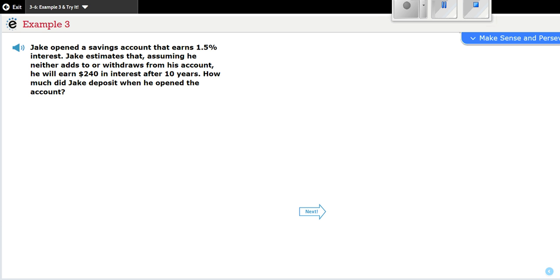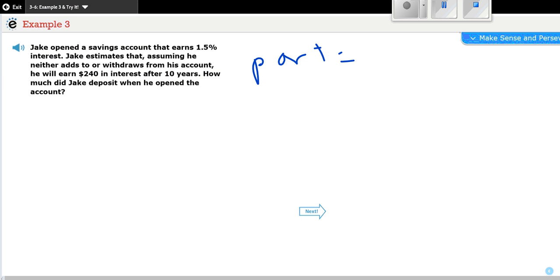And so as we understand this, part equals percentage times a whole, still working with that equation, we need to understand, okay, what is the whole? The whole, of course, is his initial deposit.